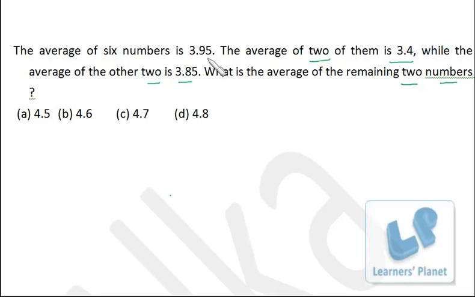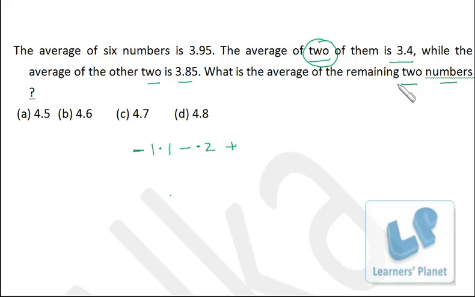That's a negative deviation. So that's 0.55 into 2 numbers, since there are 2 numbers. So 0.55 into 2, so that is 1.1, right? So that's negative deviation. Then other 2, 3.85. So deviation is 0.1 and there are 2 numbers, so it's 0.2. Again it is negative, right?